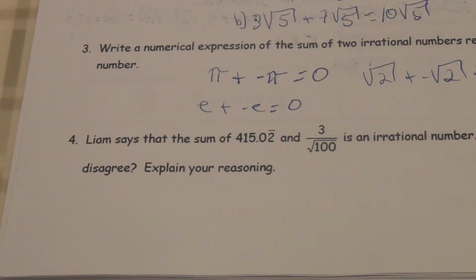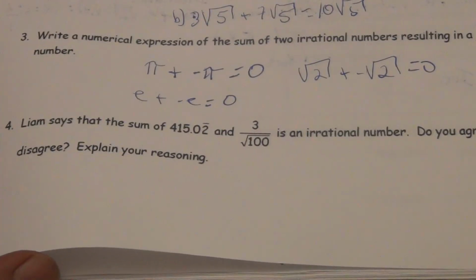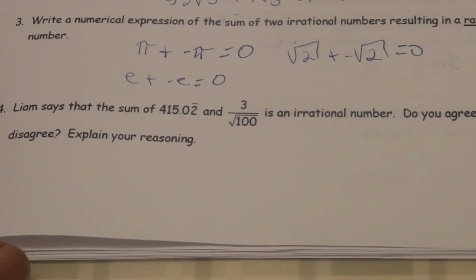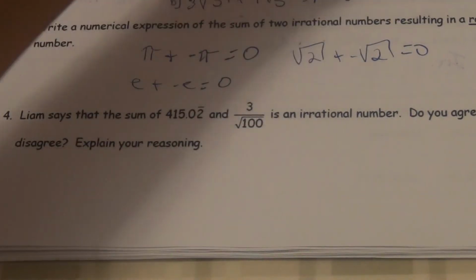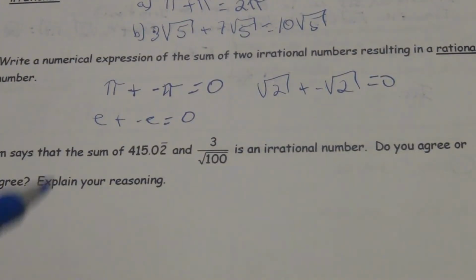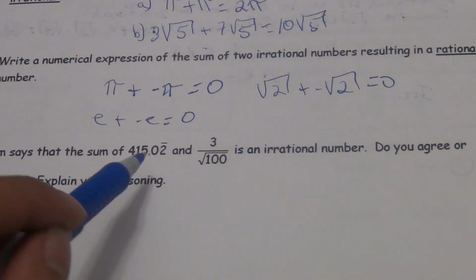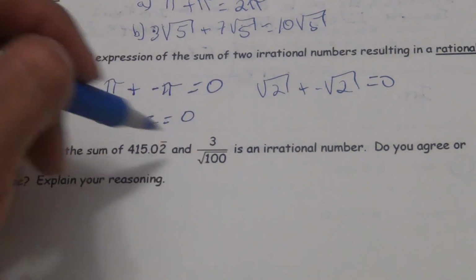Liam says that the sum of 415.022222 and 3 over the square root of 100 is an irrational number. Do you agree or disagree? Explain your reasoning. Well, let me see. I'm not going to do that problem. You're going to do it. Just remember that the square root of 100 has to be simplified to 10. And remember, what kind of number is this?